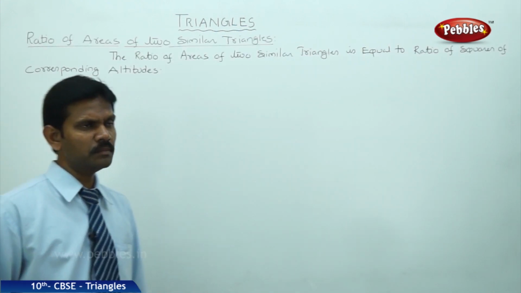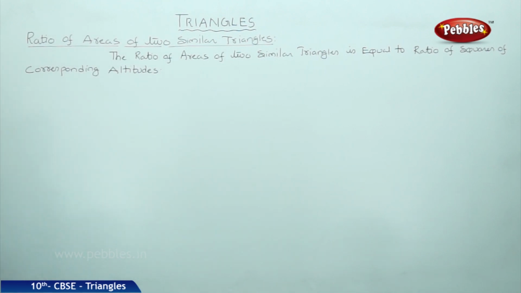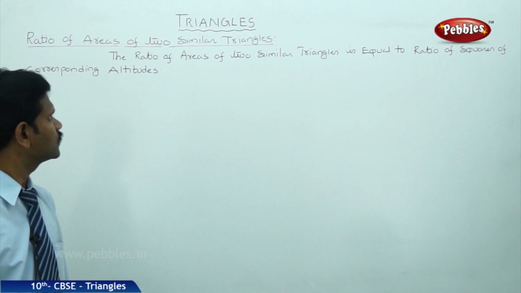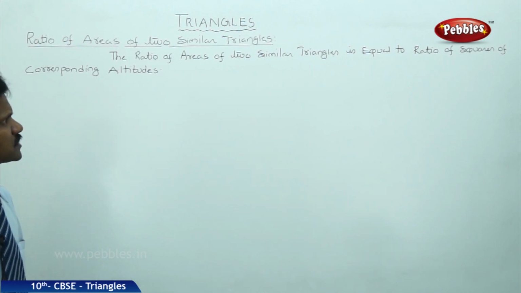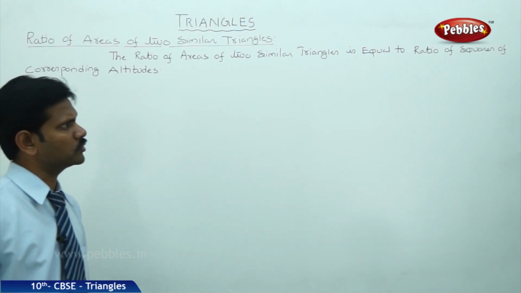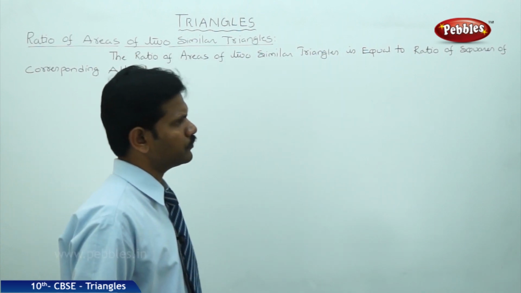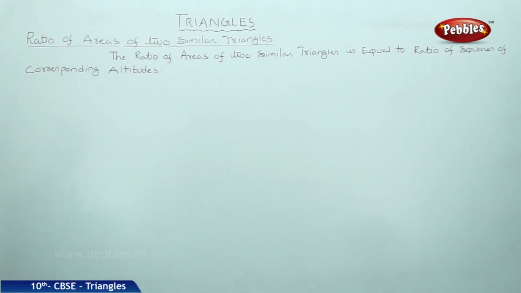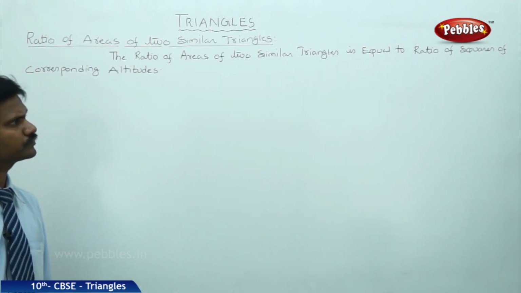Let us see the next theorem: ratio of areas of two similar triangles. The ratio of areas of two similar triangles is equal to the ratio of squares of corresponding altitudes.